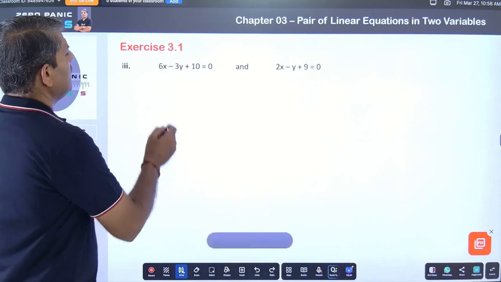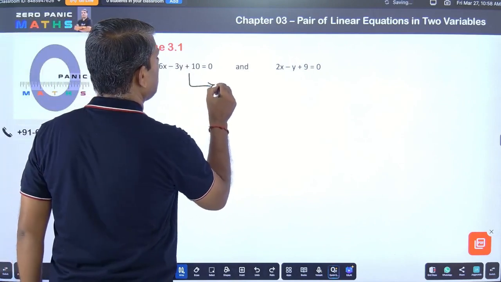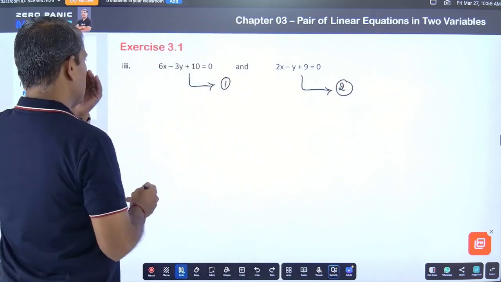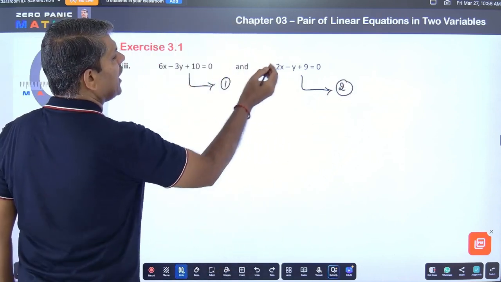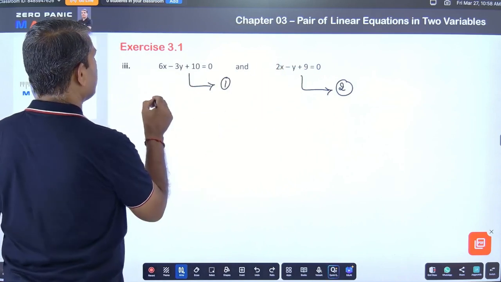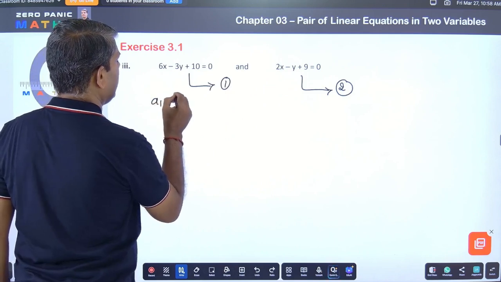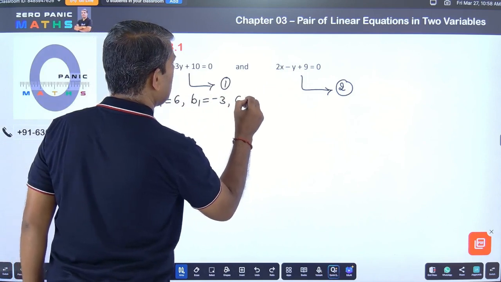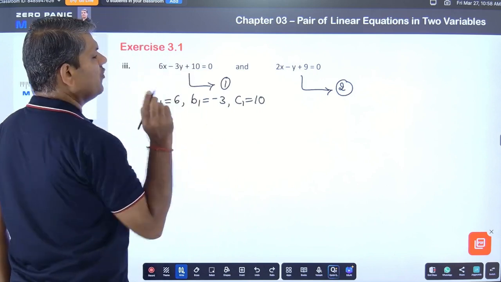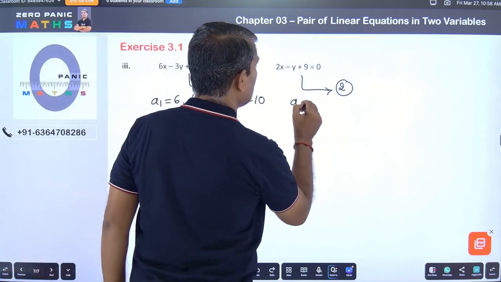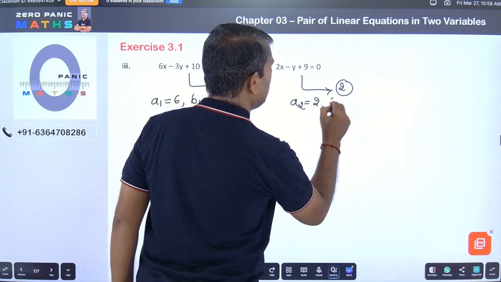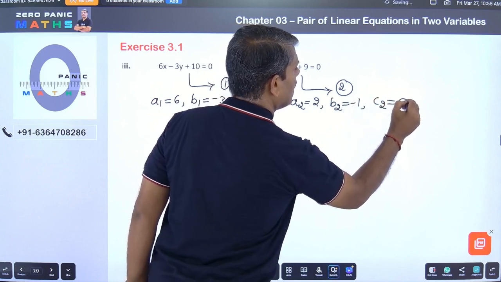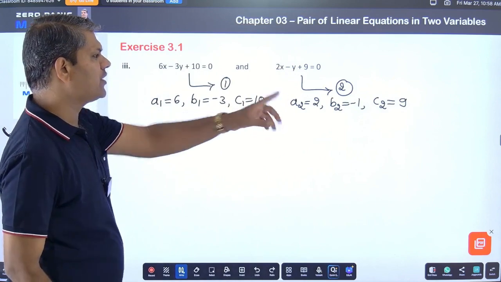Now the two given equations, equation 1 and equation 2. Let us see a1, b1, c1 and a2, b2, c2. a1 is 6, b1 is minus 3, c1 is 10 from the first equation. a2 is 2, b2 is minus 1 and c2 is 9 from the given equation 2.